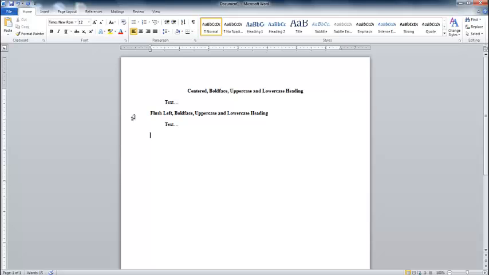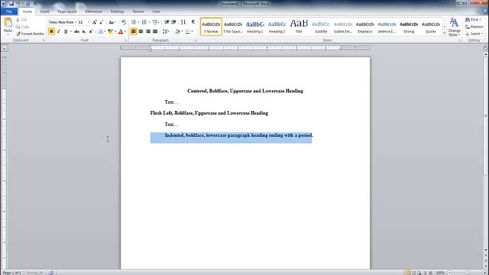A level 3 heading is indented, boldface, lowercase, paragraph heading, ending with a period.